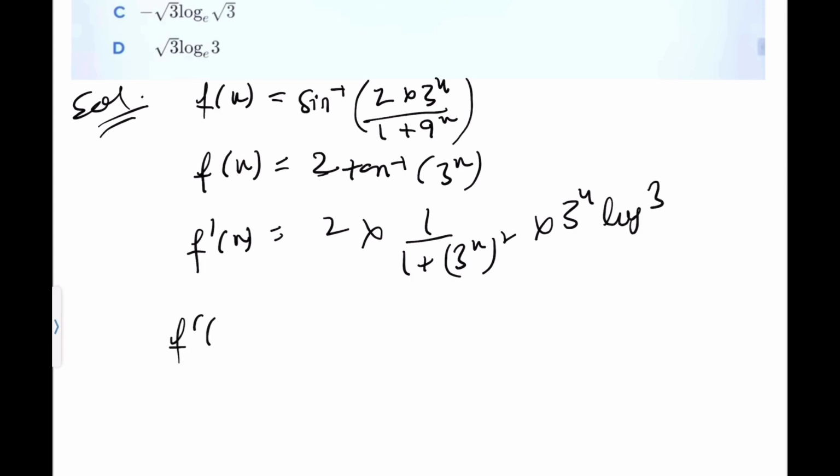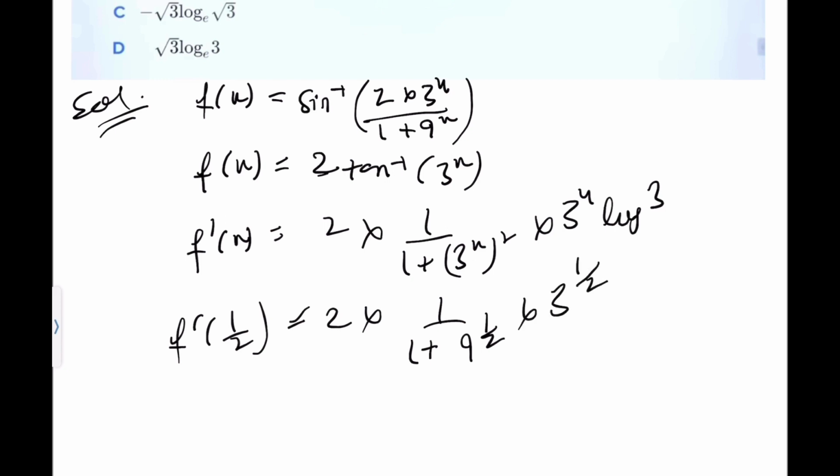So when we find our desired value at half, it will be 2 over 1 plus 9 to the power x. When we put x as half, it will be this multiplied by 3 to the power half into log of 3.